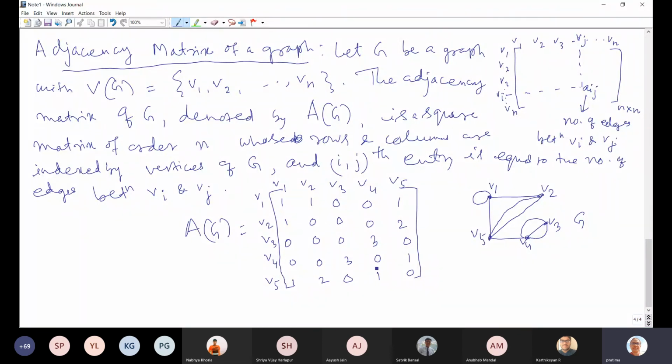Another thing you note down here: if you change the ordering of the vertices, the matrix will also be permuted accordingly, right? So tomorrow we shall continue from here. Today it is already time, and that's all for today.